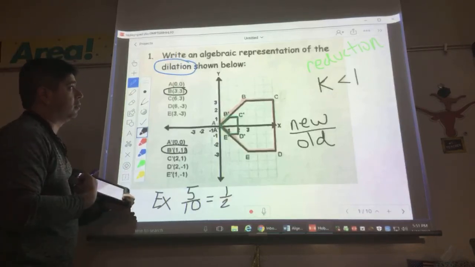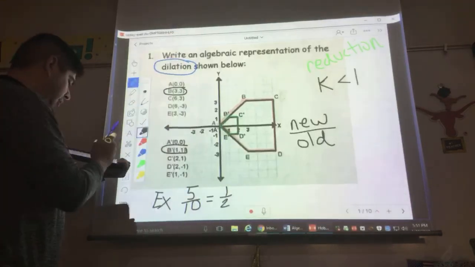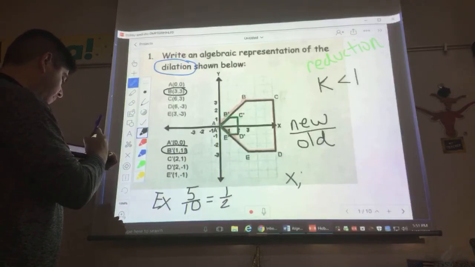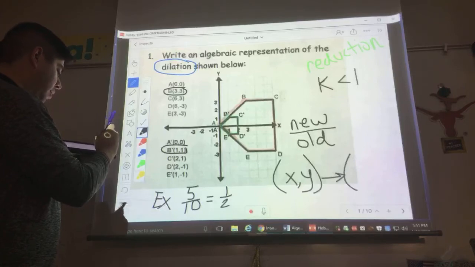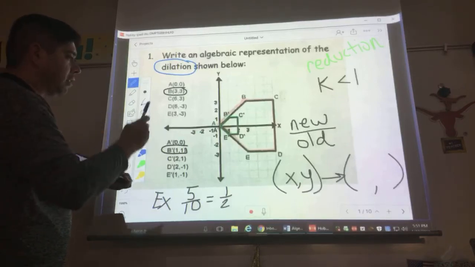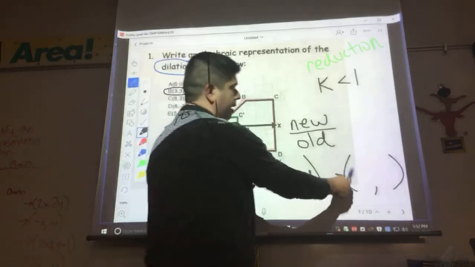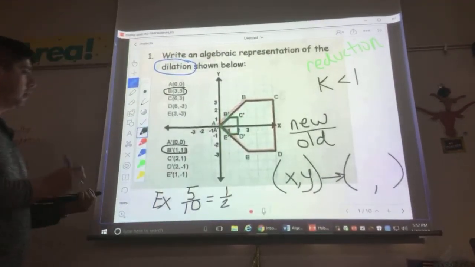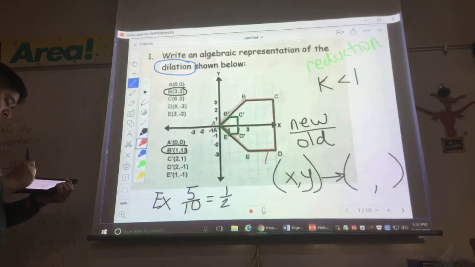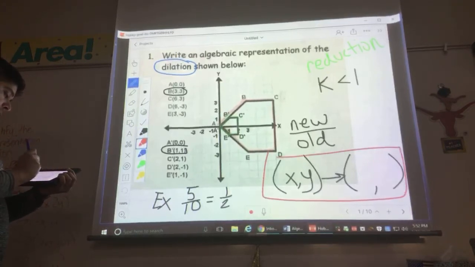That's my scale factor. So we need an algebraic representation. So it's going to be x comma y, the arrow, and then whatever our scale factor is going to be, that times x and that times y, because remember we're multiplying. So that's what you need to find out.